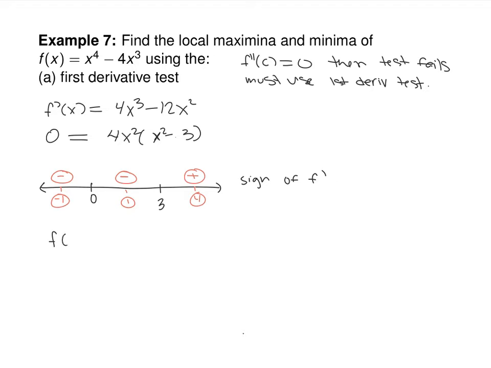So f of 3 is equal to 81 minus 4 times 27, hugeness. F of 3 is 81 minus 108, I think. So what's that?